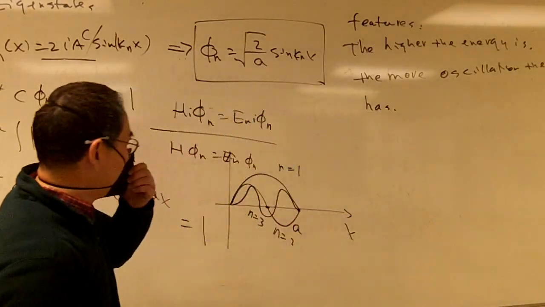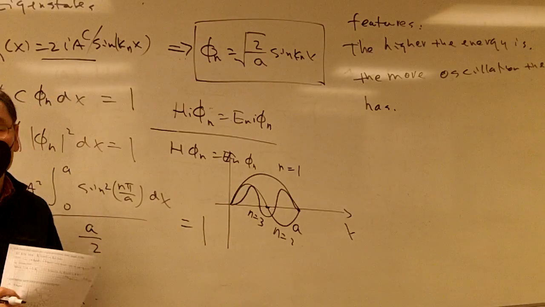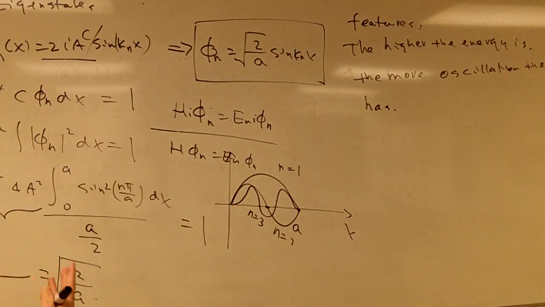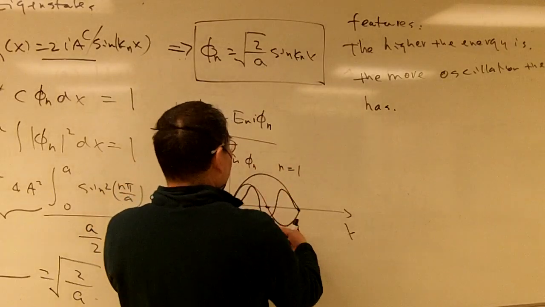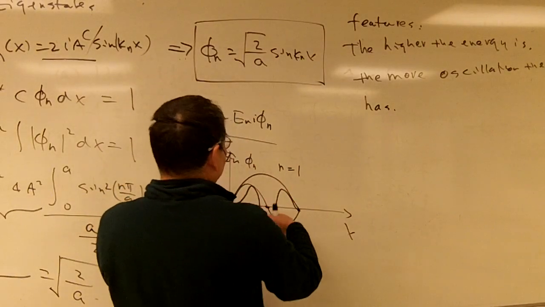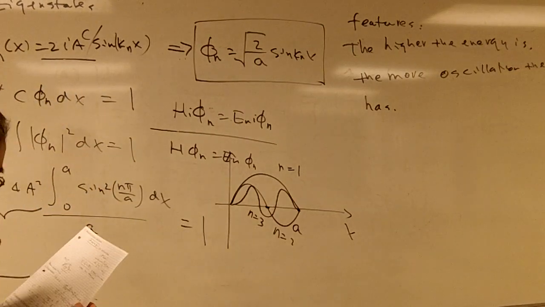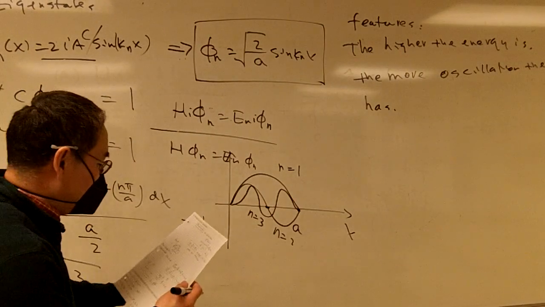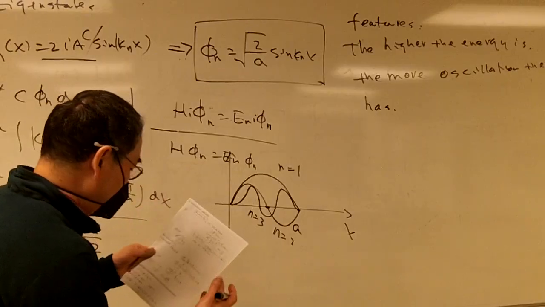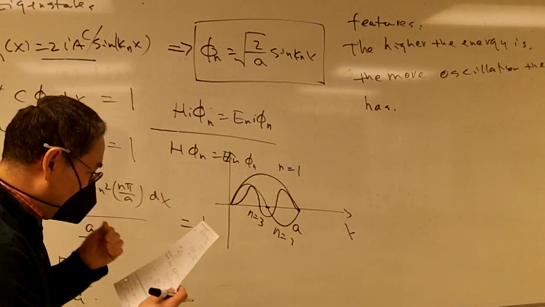So the higher the energy, you have more oscillations. So you could imagine if I show you that graph with more oscillation, you know the energy will be higher. And the textbook does have this particular feature, and you can see it easily.